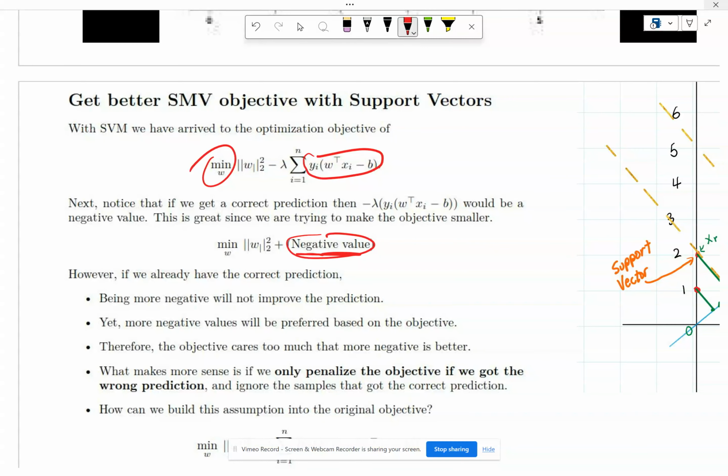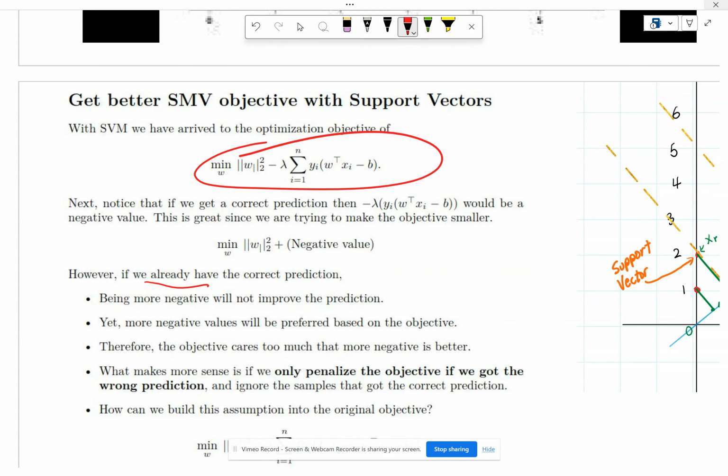However, if we already have a correct prediction, honestly, if we make it more negative, it's not going to help the prediction. So we just care that we made the right prediction. We don't really care that it made a very, very right prediction because it's binary anyways. Yet for this particular case, if it is more negative, it's favored.